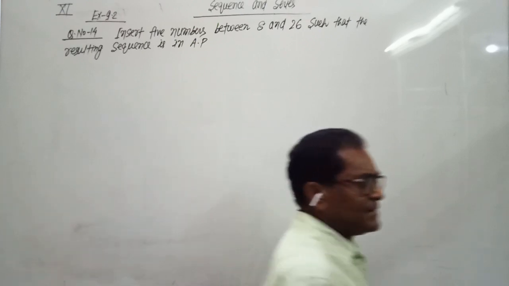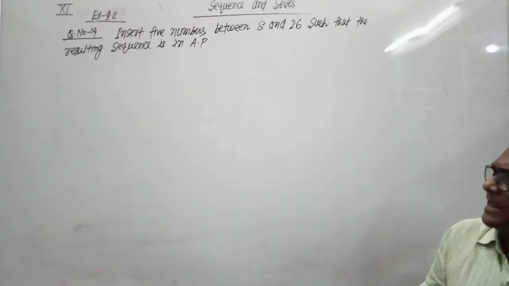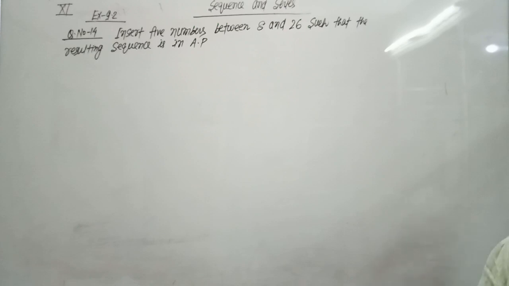So insert 5 numbers between 8 and 26. These 5 numbers are the 5 arithmetic means between 8 and 26.